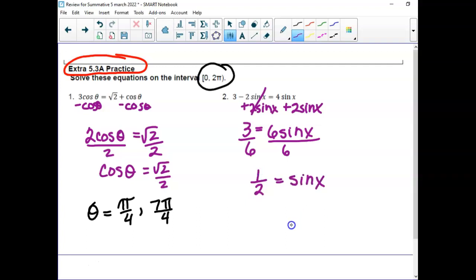And in what 2 places is that true? Make sure you're looking for the 1/2 back in the y spot for sine. Okay, pi over 6 and 5 pi over 6. Everybody okay? All right, so those were the kind where you're just isolating because there's no squared or anything funky like that.